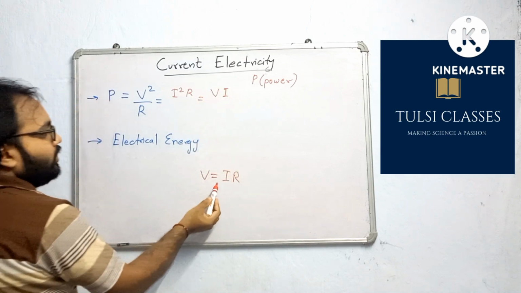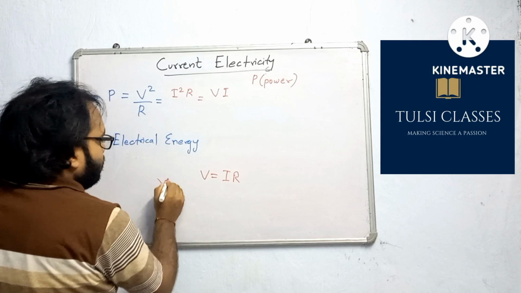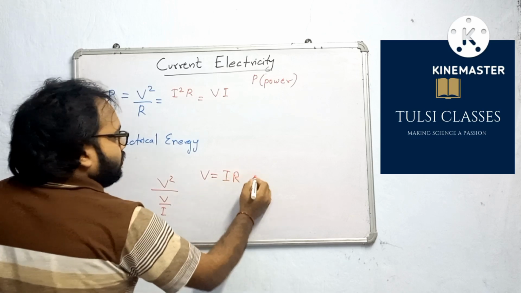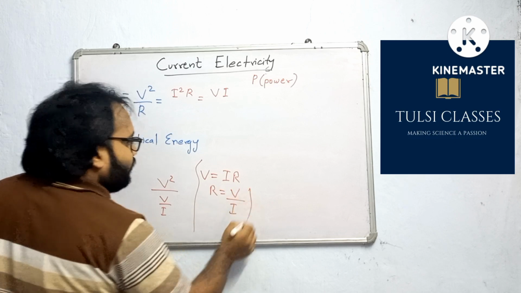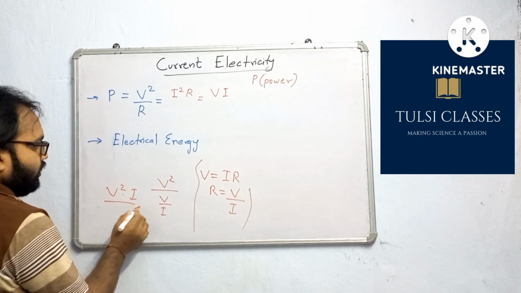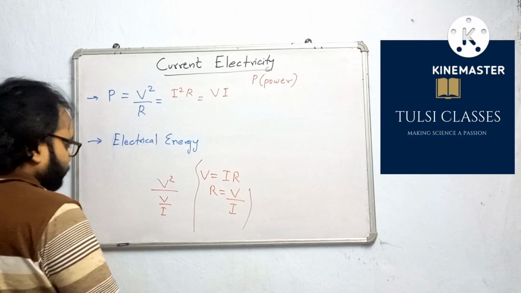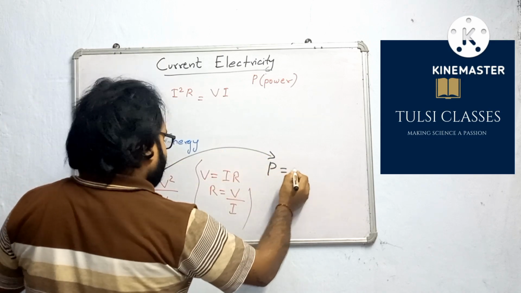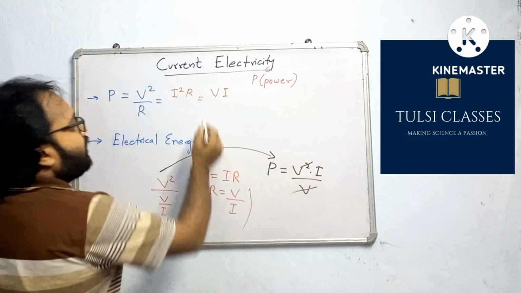See, VI we have written. Why? Because R is equal to V by I, so V square divided by V by I becomes V square into I by V. So this gets cancelled, and that's why I have written VI.